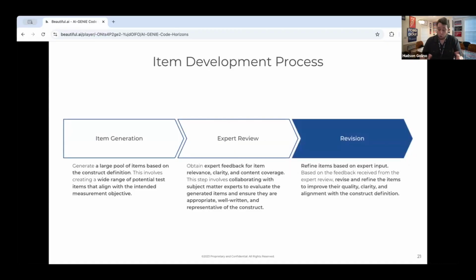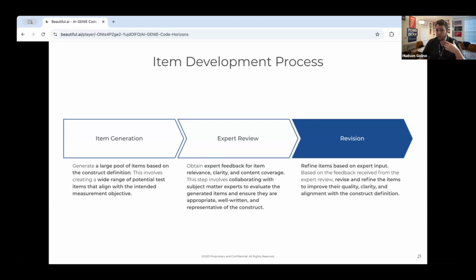Okay, once we have this conceptualization done and the literature review done, we start with the most laborious part of the process, which is the item generation, so writing the items. So originally, or traditionally, we need to generate a very large pool of items based on the construct definitions. So this involves creating a wide range of potential test items that align with the intended measurement objective.